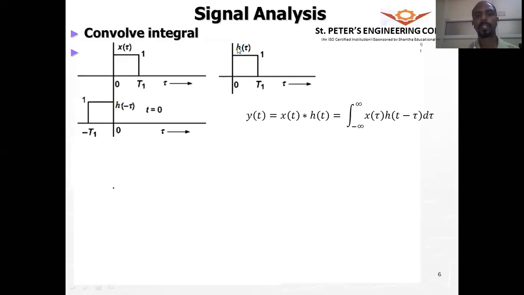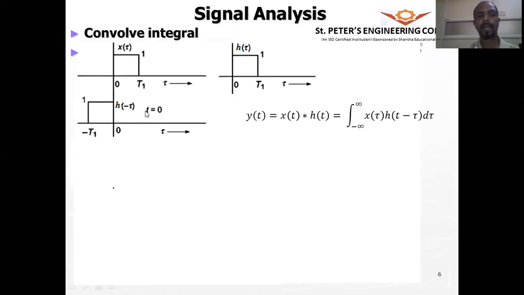So therefore, this is h of tau, and this is h of minus tau, which we obtain by simply folding the h of tau signal along the y-axis. So h of tau exists from 0 to t1, and h of minus tau exists from 0 to minus t1. All right. So at t equals 0, there is overlap on this line.